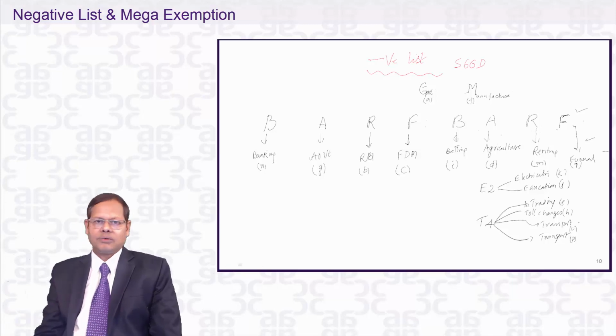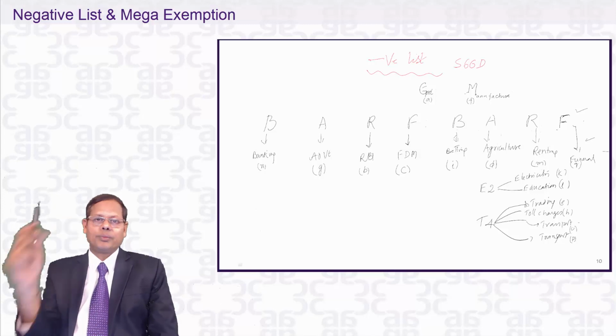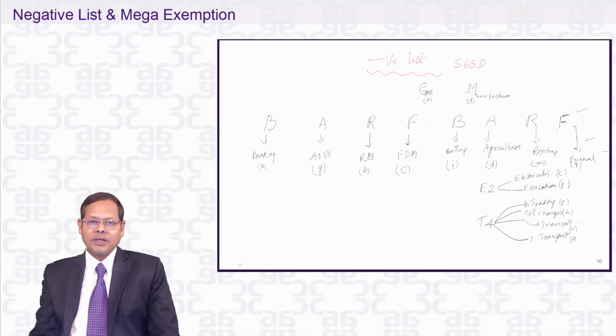And in the second part, what we have discussed was what is the negative list. We found that there are 16 services right now, and on what basis government has put them under negative list, what was in the mind of the government. So we have seen the reasons. Sovereign functions, or you can say special status category persons doing some activity, keep them out, just like RBI, foreign diplomatic missions, etc. They deliberately wanted to keep out.